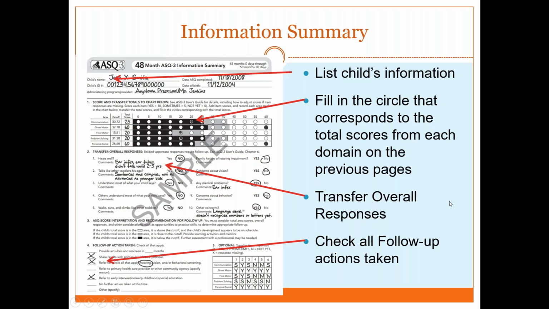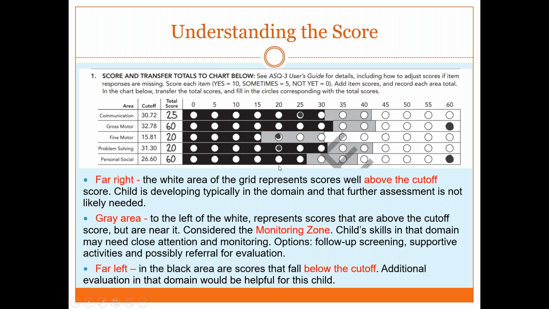Let's zoom in and look at that bar graph and understand what these scores mean. So the grid contains 3 designated areas. They're black, gray, and white. And the shading is based on what ASQ calls cut-off scores. This is the point where the child's score falls below expectations.